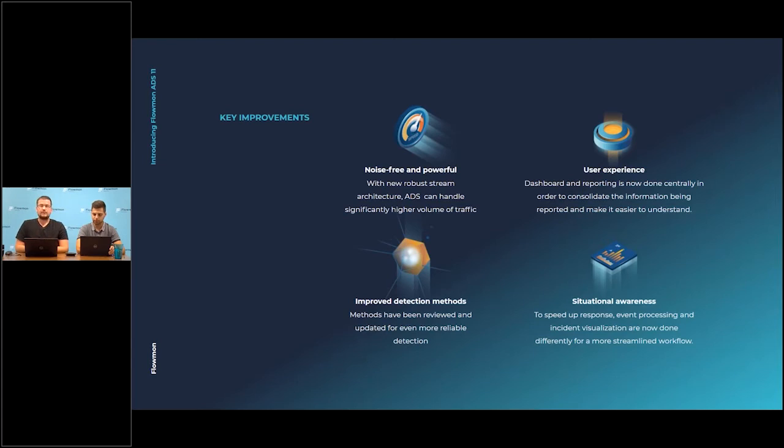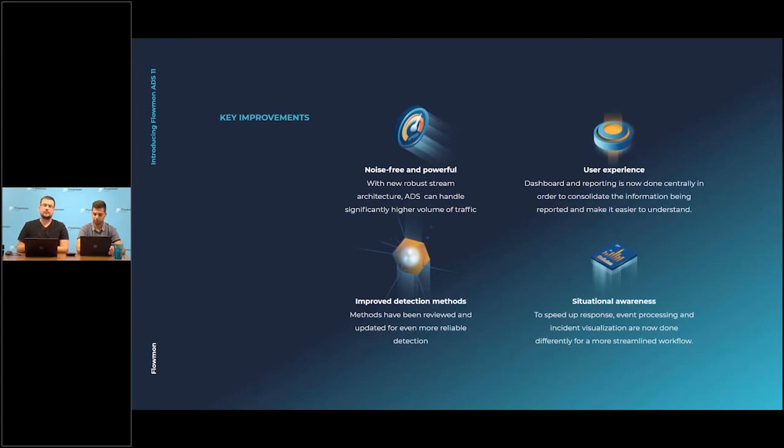Another thing we are focusing on continuously is improving detection methods. Almost every detection method had to be rewritten for the new stream architecture. While doing this, we improved the detections, and some examples are the web share or Teams behavior detection methods, which are significantly improved compared to the previous version.